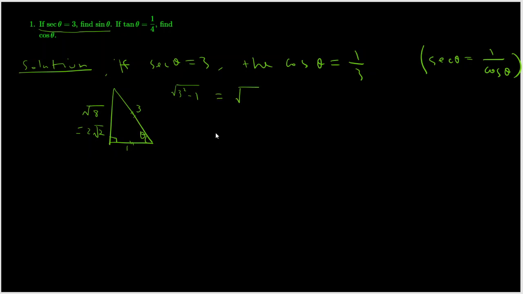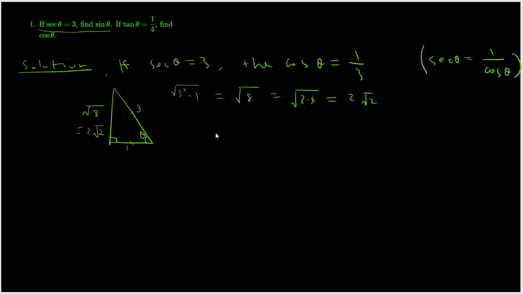Square root of 8 is the square root of 2 times 4, and then you take the 4 out of the radical, giving 2 square root of 2. That's how I got this. I hope I have this right.